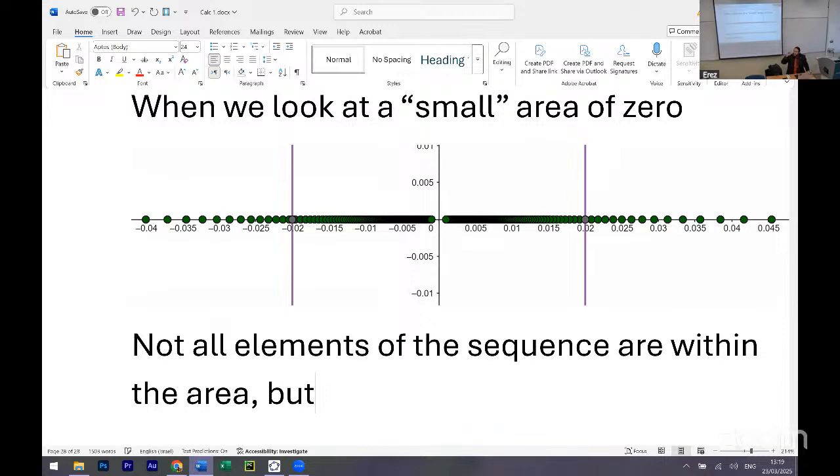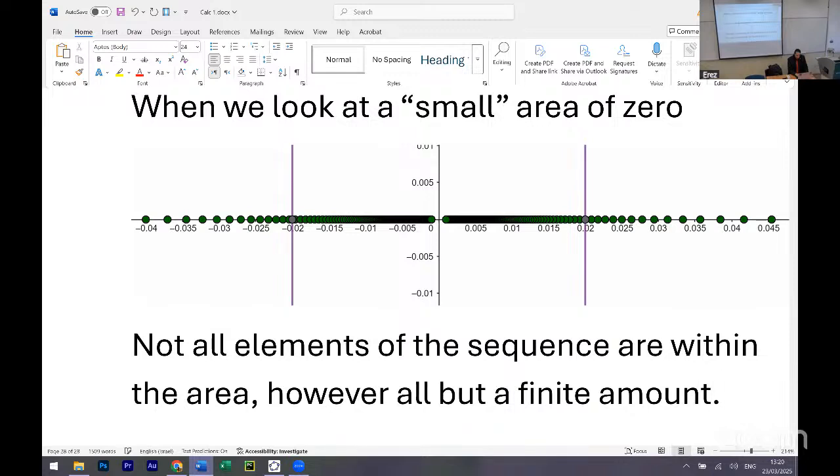No, but the fact that it's an infinite number is not enough, like I said, because there could be all but a finite number. However, all but a finite amount. And does it matter how much I zoomed in?